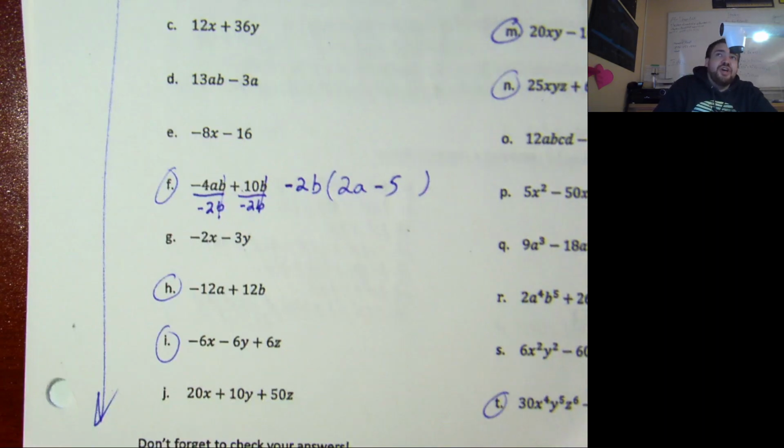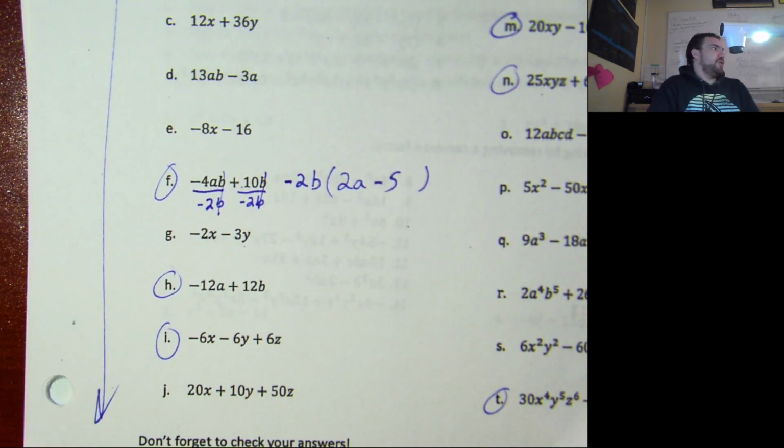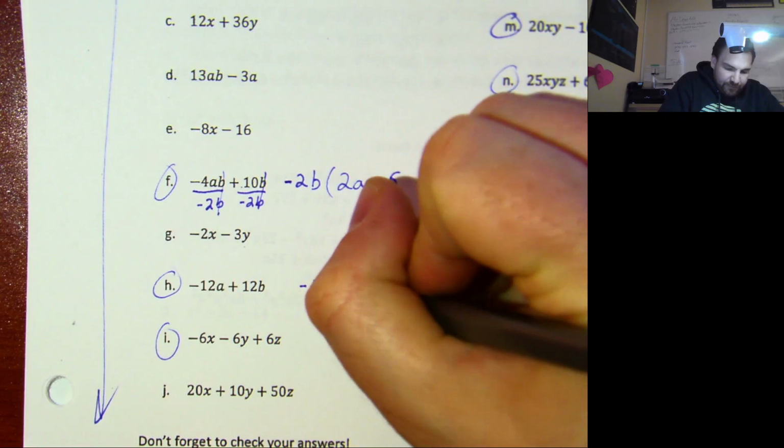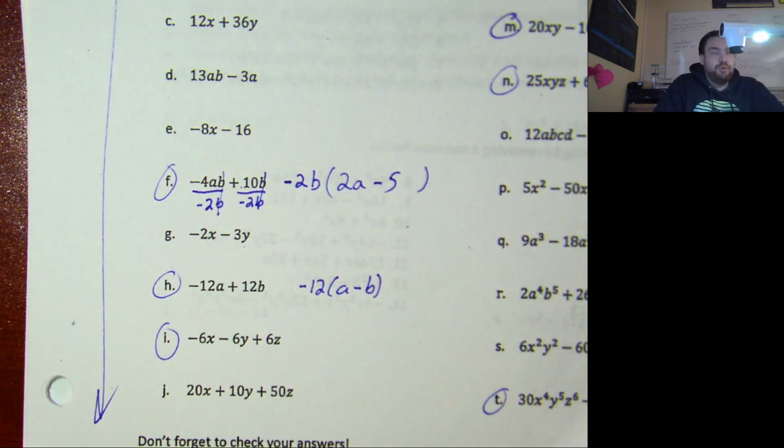Okay, so let's look at H. H is not a difficult one, but I actually saw a few of you do an alternative way, and you got a different answer for it, which is interesting. So one of the things I saw from H, if we want to recall, the answer I gave you was negative 12 a minus b. Are we cool with how I got there? Okay. Anybody unsure about how I did that?